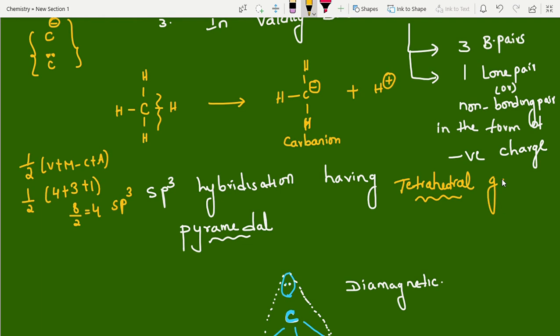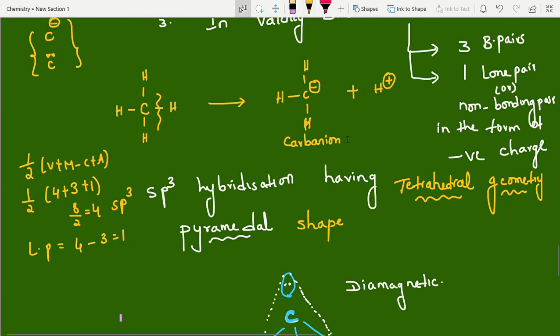Many times they ask this question. Geometry they are asking, shape also they are asking. Tetrahedral geometry, pyramidal shape, like the ammonia molecule. Here, lone pairs equal to 4 minus the number of bonded atoms. How many? 3. 4 minus 3, 1 lone pair.